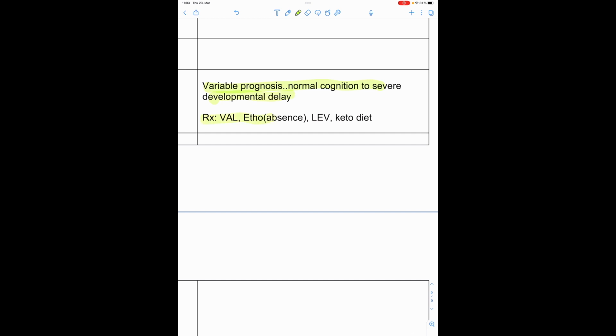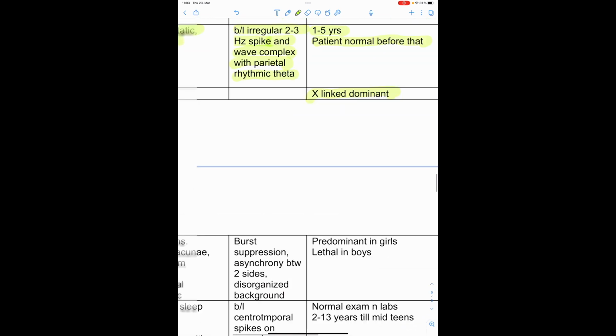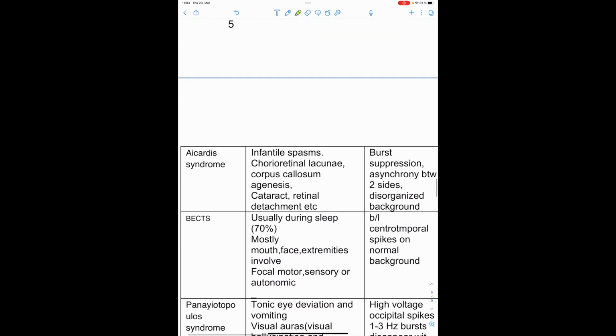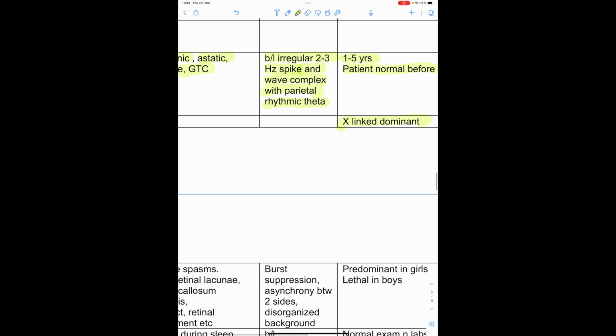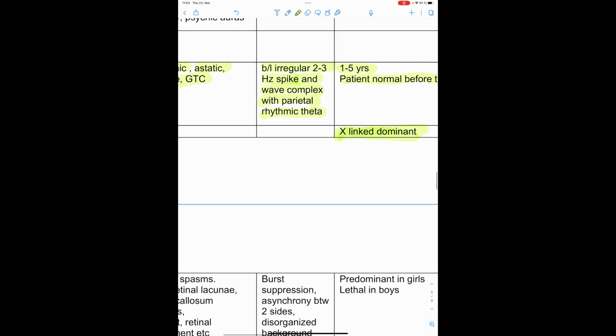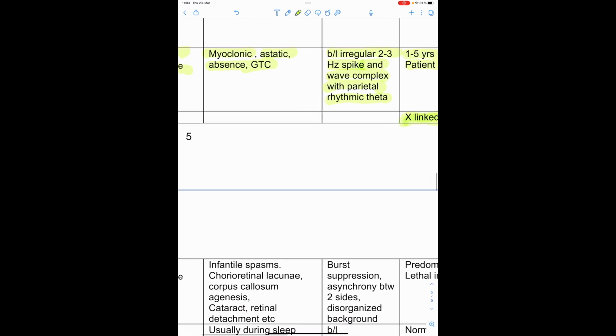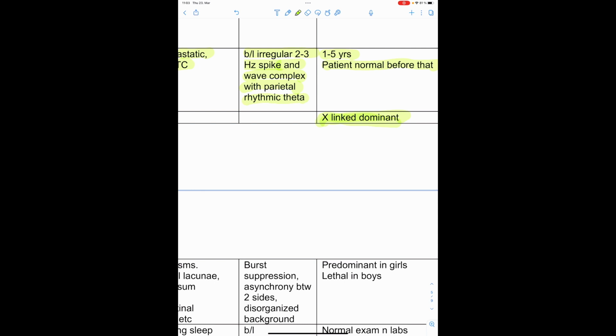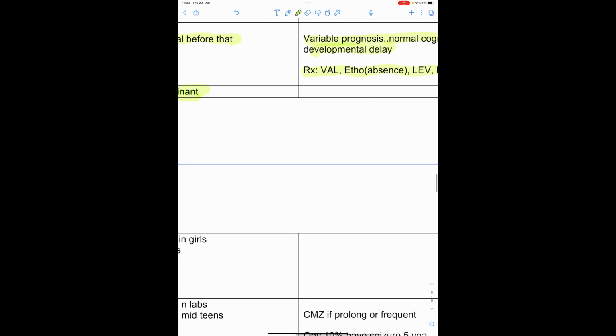Treatment is valproic acid, ethosuximide, levetiracetam, and ketogenic diet. So this was Doose syndrome. It is X-linked dominant. This is important. 1 to 5 years of age, different types of seizures, bilateral irregular 2 to 3 Hz spike and wave complexes with parietal rhythmic theta, and variable response.